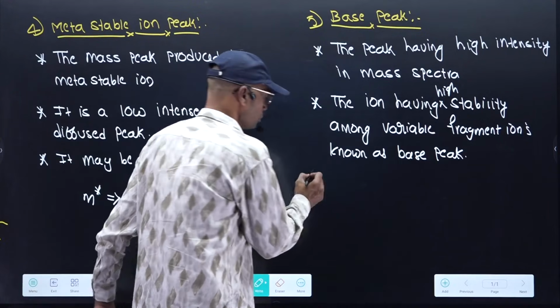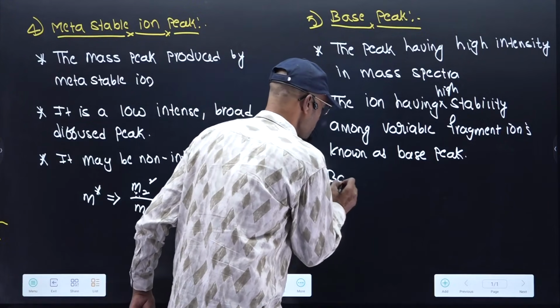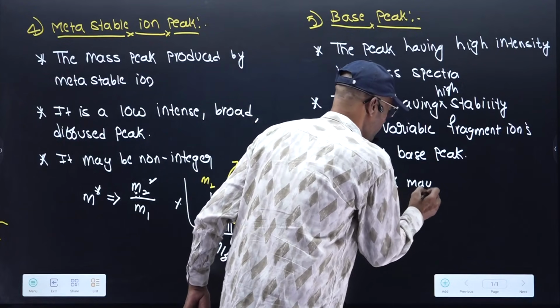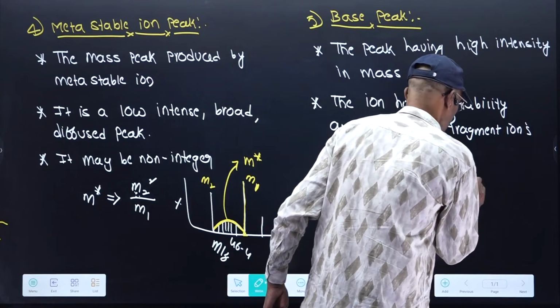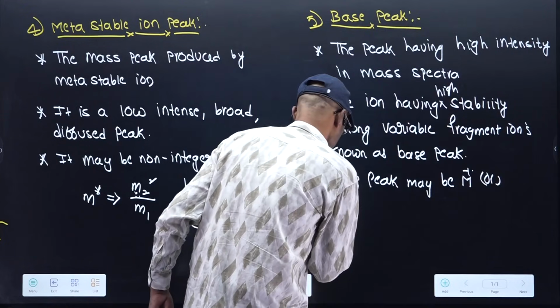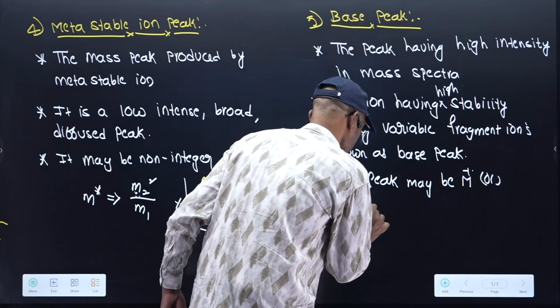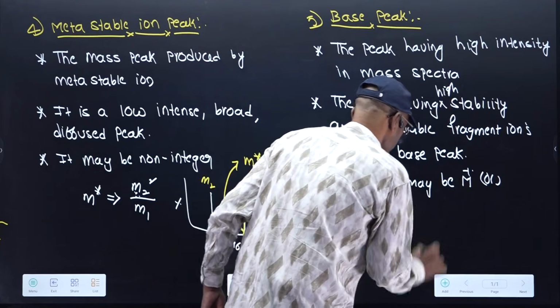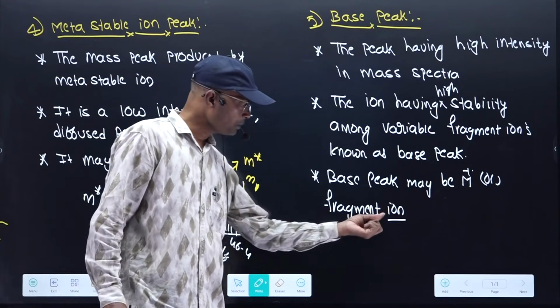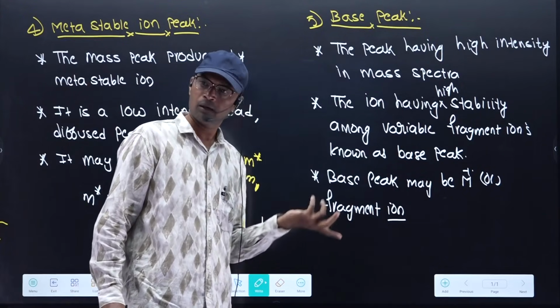Okay, so which one is a base peak? The base peak may be the molecular ion or a fragment ion. Anything is possible. Don't think that the base peak is always a fragment ion. Sometimes the base peak may be the molecular ion.